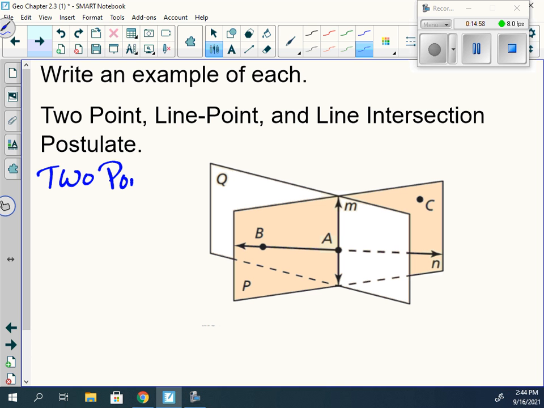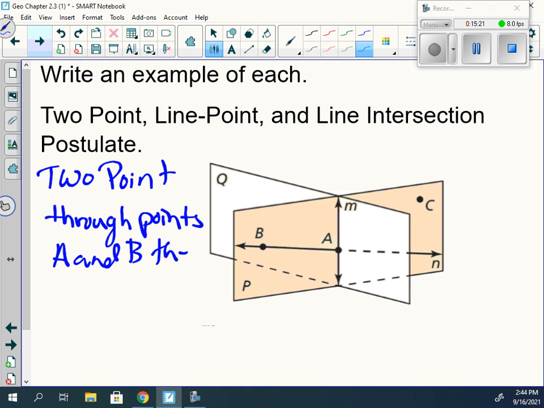Two-point postulate. The two-point postulate states through any two points there exists exactly one line. So when we look at this here, we can say through points A and B, there exists line AB.